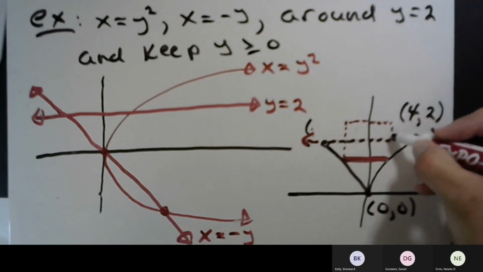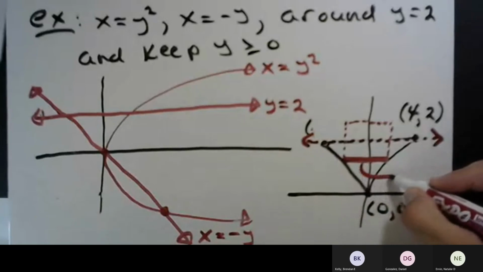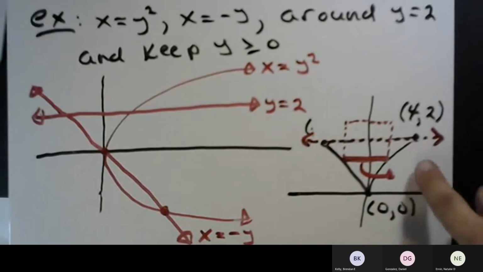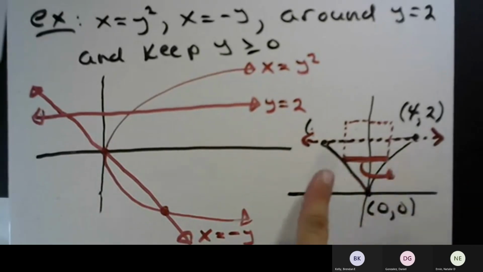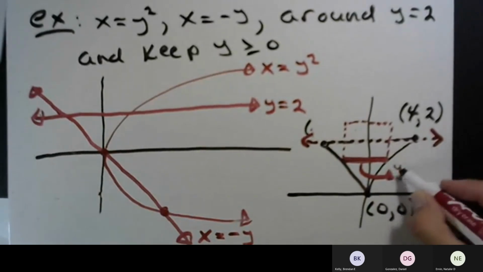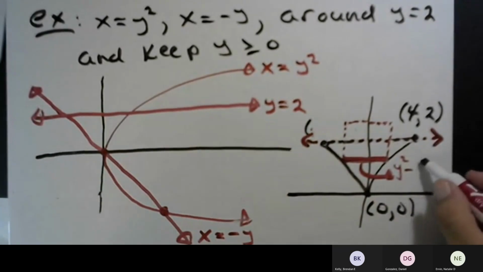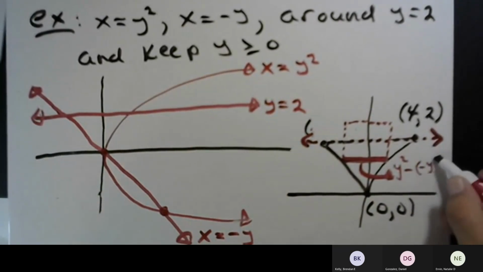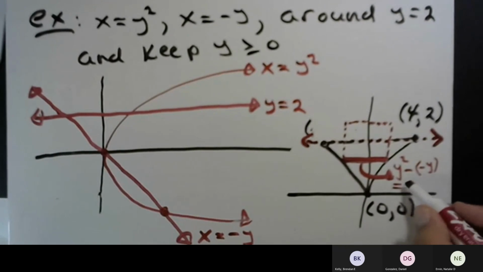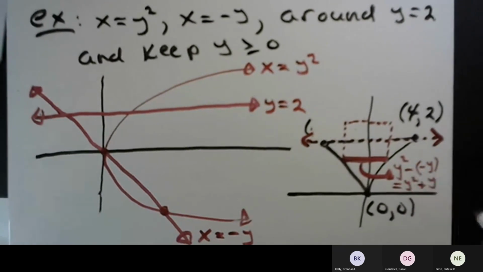This is a cross section of our cylinder. And so the height is the difference between this curve and this curve. So that's going to turn out to be y squared minus negative y, or y squared plus y. If that's too small to see, please let me know.